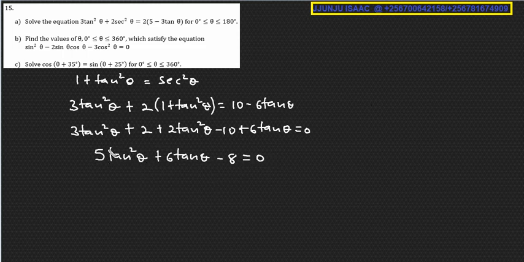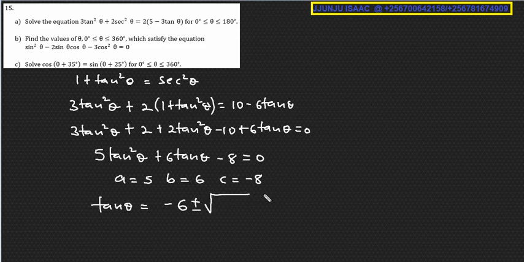So hope you can now see that we have a quadratic equation where A is 5, B is 6 and C is negative 8. So tan theta will be equal to negative B, that is negative 6, plus or minus the square root of B squared, which is 36, then minus 4 times A times C, divided by 2 times A.